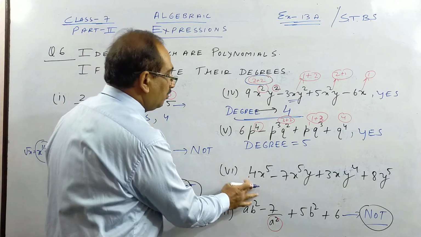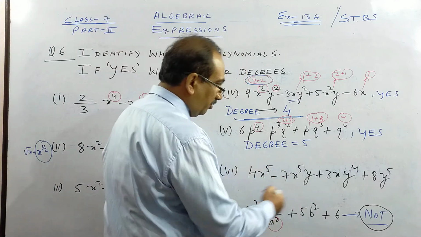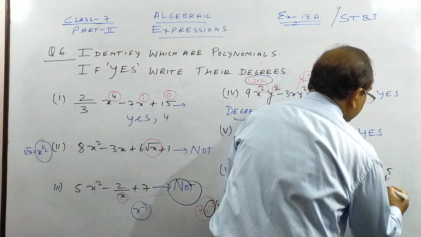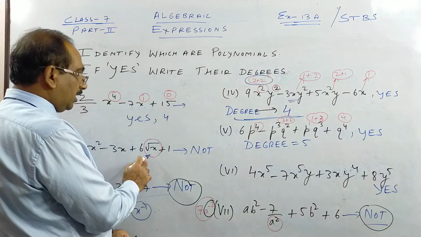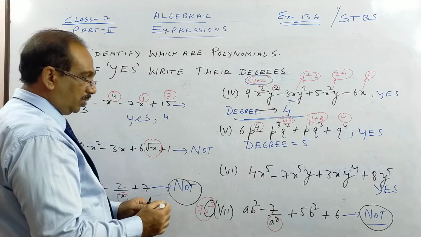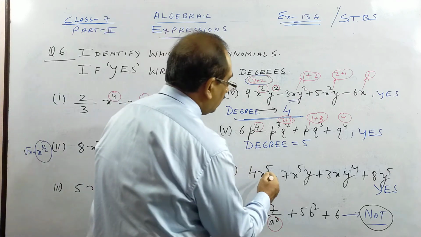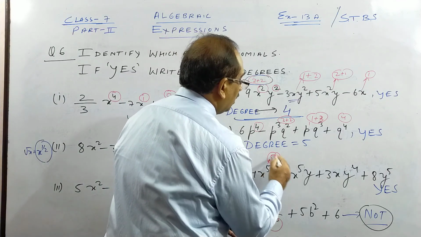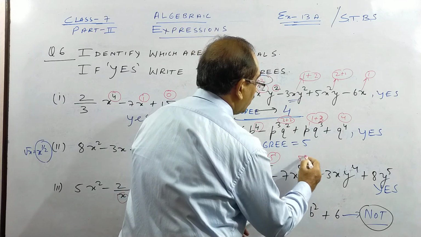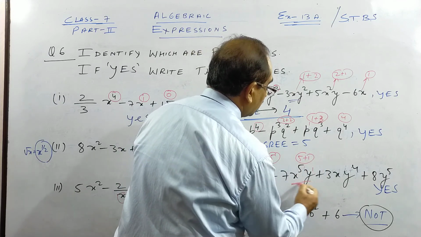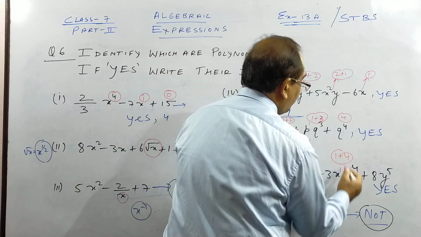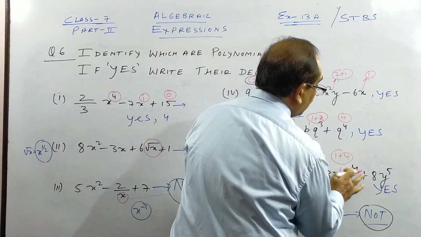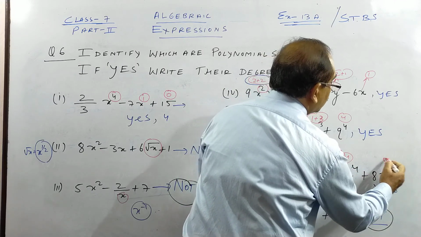So the last thing over here is this question. First thing, yes, it is a polynomial because it has nothing in the denominator, it has no square root or cube root. Now you see the power, here the power is 5, here it is 5 plus 1, 6, this particular term, sum of power is 6, this is 1 plus 4, 5, and this is also 5.